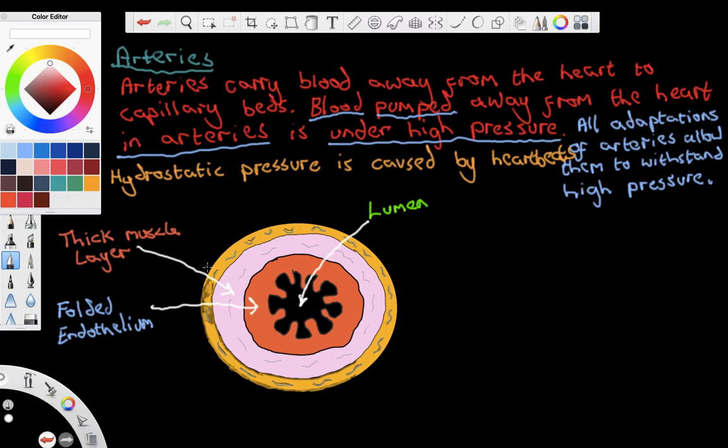And then after the thick muscle layer, we've got elastic tissue in the wall. Okay.